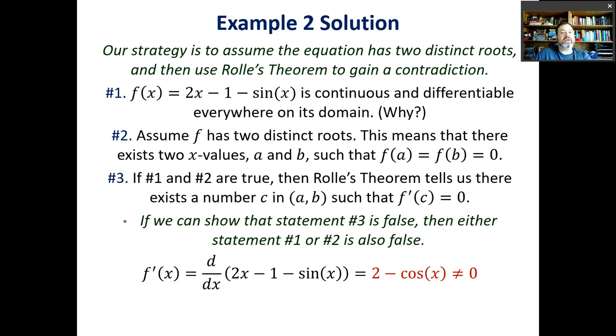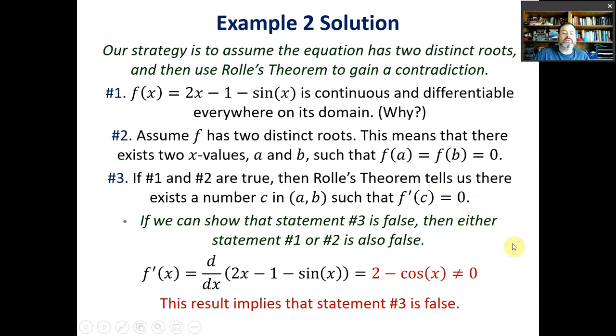So we've shown that the then part, so the second half of Rolle's theorem, is false, right? So we're saying, we've shown that this entire statement is false, that f prime of c is not equal to 0 anywhere on the interval. Okay? So that tells us either 1 or 2 is also false.